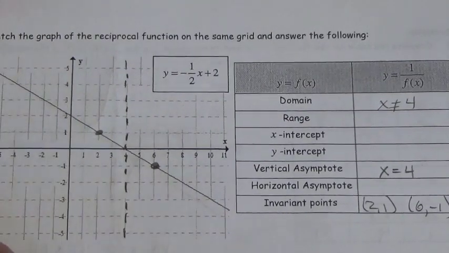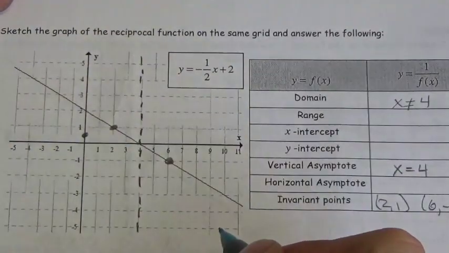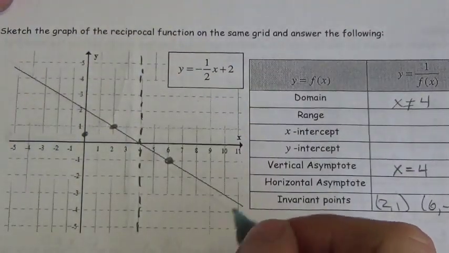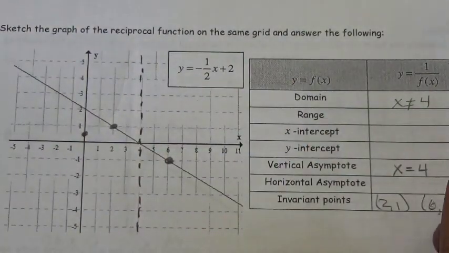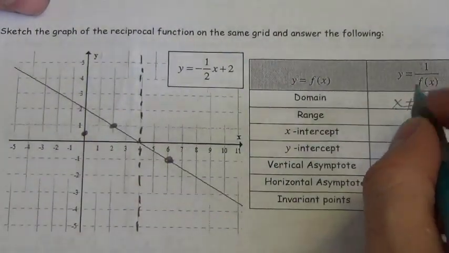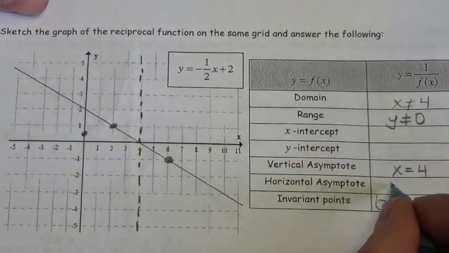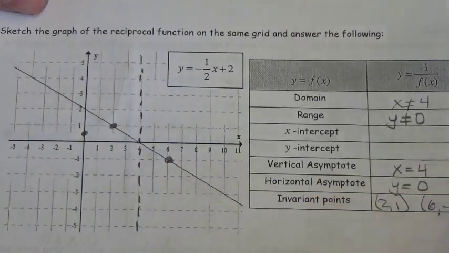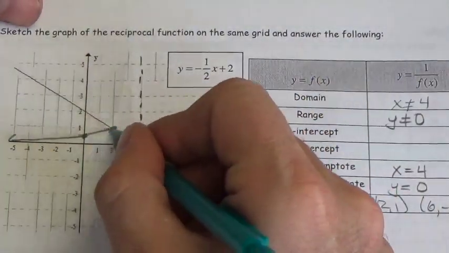All I'm doing is reciprocating the y-coordinate, so that's going to become 1/2. And now in almost every case here, the range has been that y cannot equal 0. That's because that has become our horizontal asymptote. Now that's not always going to be like that, but for right now that covers it.